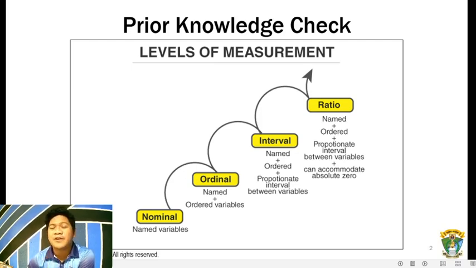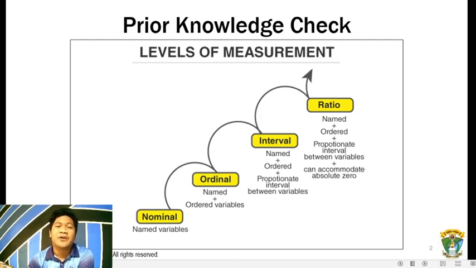When we say absolute zero, okay, zero means nothing. For example, in interval, the temperature. Temperature is a very good example of interval data because temperature has no absolute zero.